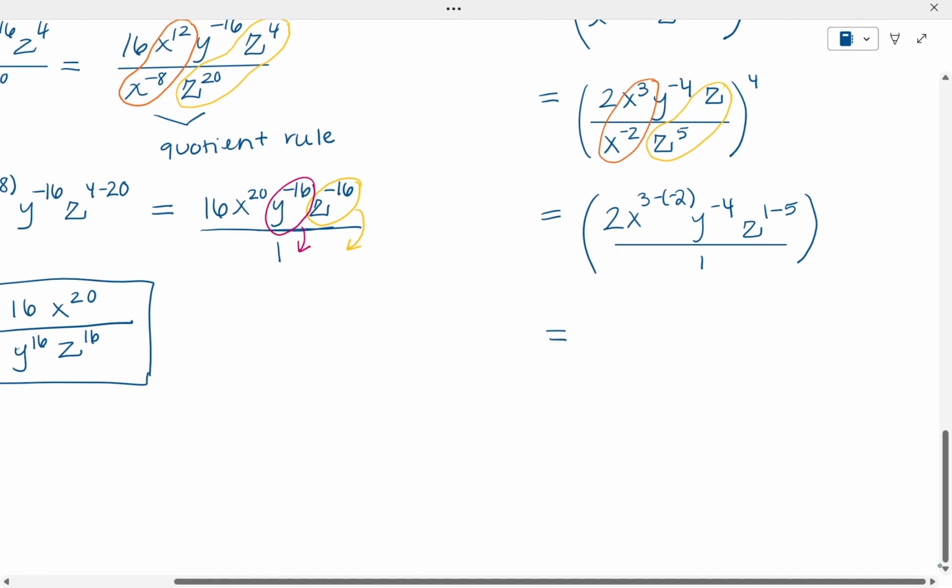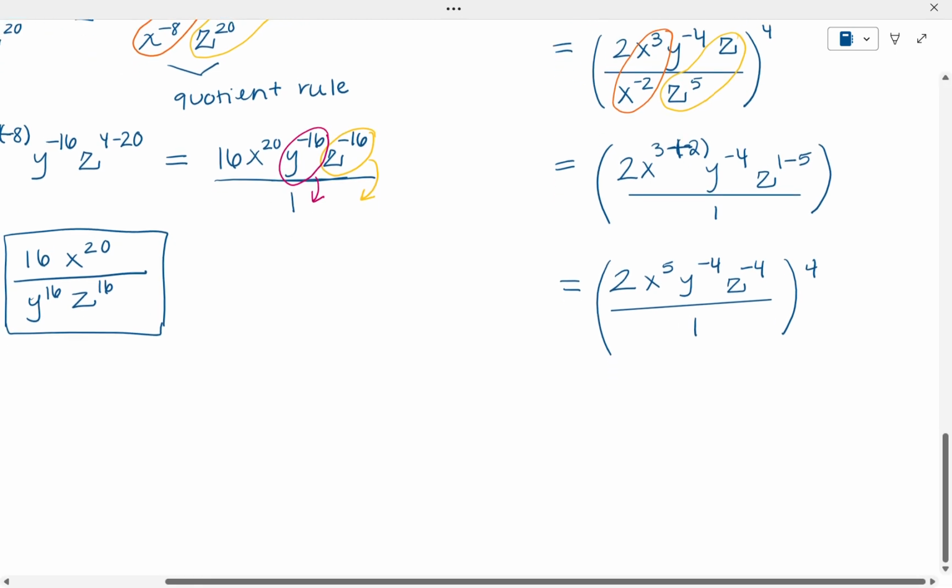So this is equal to 2 times x to the 3 minus negative 2 becomes 5, y to the negative 4th power, and then z to the 1 minus 5, which is negative 4. This is over 1, and then this is raised to the 4th power.